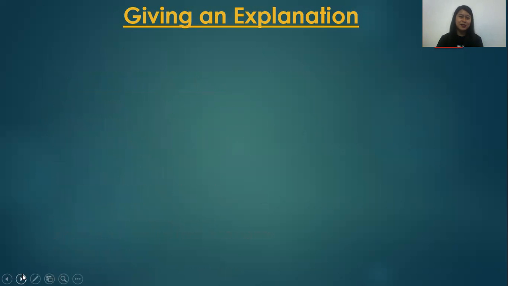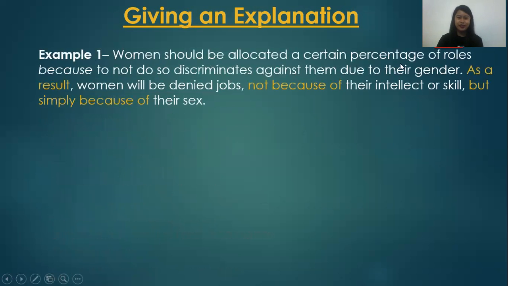And let's look at some examples. All right. So for the first idea that we have, our explanation goes like this. As a result, women will be denied jobs not because of their intellect or skill, but simply because of their sex. All right?